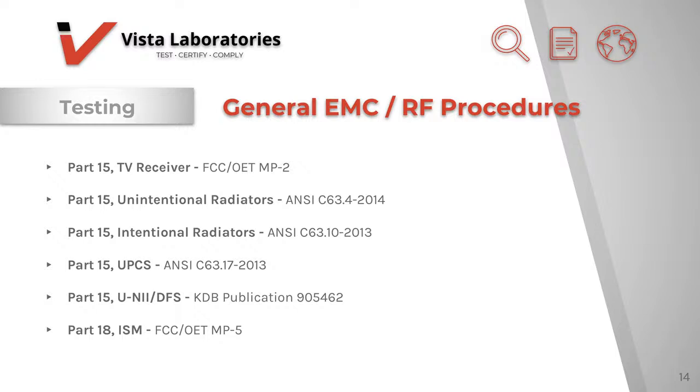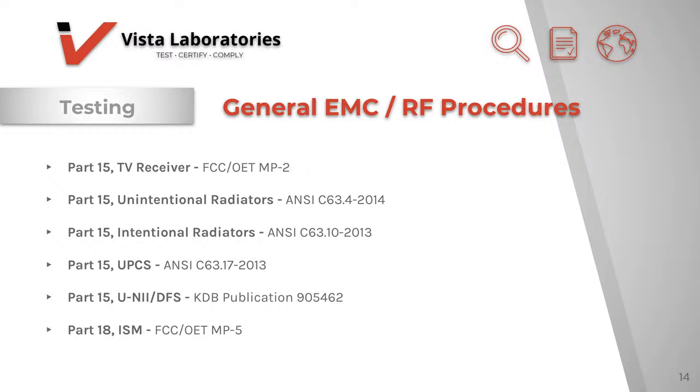For unlicensed personal communications services, or UPCS, it's C63.17, the methods of measurements of the electromagnetic and operational compatibility of UPCS devices.